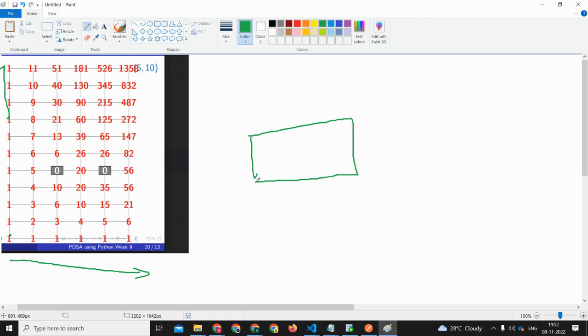It's two right and one up. Is this one, or this one? The three written here. This is two right and one up.